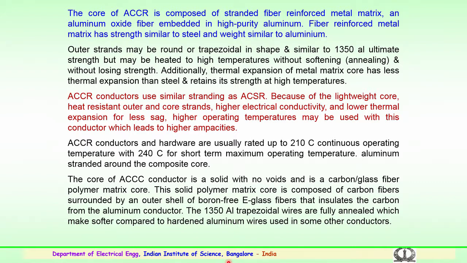Very important, particularly for the core. So, the 1350 aluminum trapezoidal wires are fully annealed, which makes them softer compared to the hardened aluminum wires used in some other conductors like ACSR or other types of conductors.